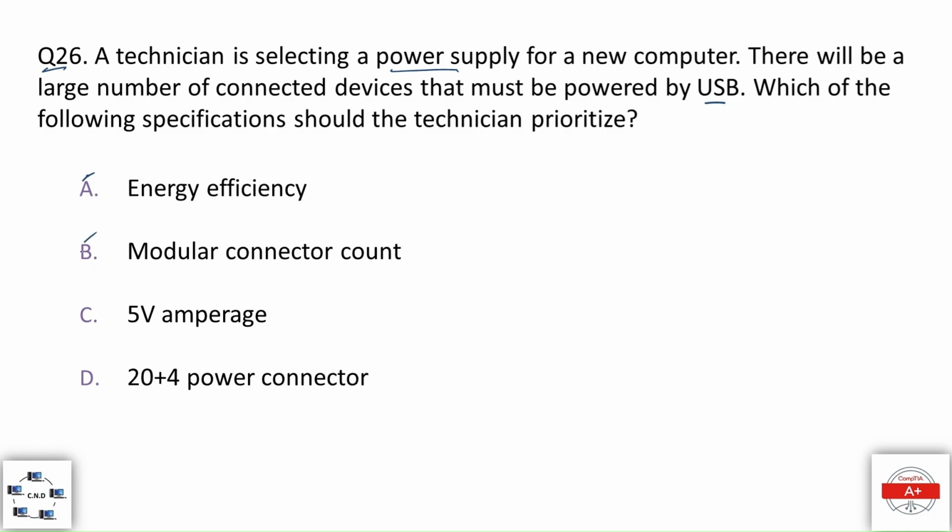Option B, modular connector count. Option C, 5 volt amperage. And option D, 20 plus 4 power connector. And the correct option is option C, 5 volt amperage.